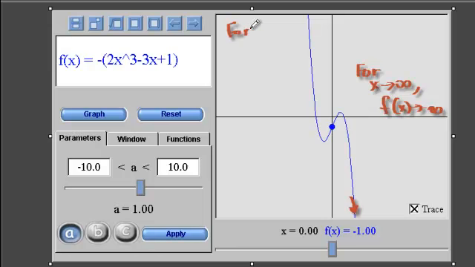For x going to negative infinity, for this particular function, since we have our negative as our leading coefficient here, we would say that f of x goes to positive infinity, because it's going up on the left-hand side. And basically, this just says the left-hand side. X going to infinity, that just says the right-hand side. That's what that notation means.